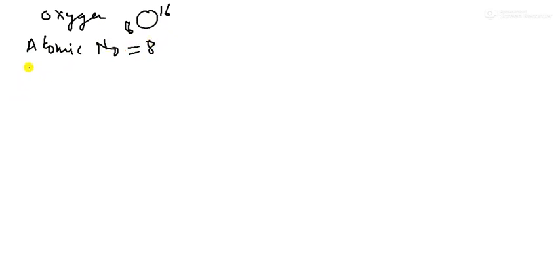Now come to oxygen. The oxygen symbol is O, with atomic number 8 and mass number 16. So the atomic number of oxygen is 8. Now find the number of protons.